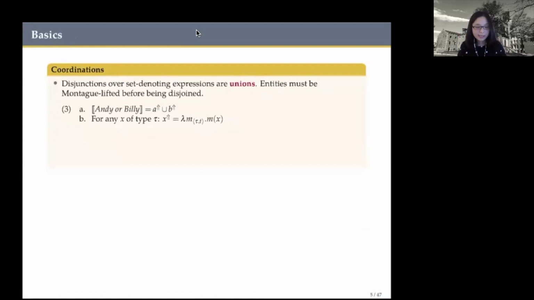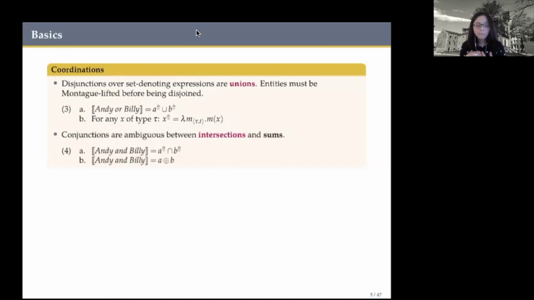So in 3a, Andy or Billy is defined as the union between two Montague-lifted individuals. For conjunctions, we usually say that they're ambiguous between intersections as in 4A and summations as in 4B. And when we say higher order Boolean coordinations, we're referring to the union reading of disjunctions and the intersection reading of conjunctions.